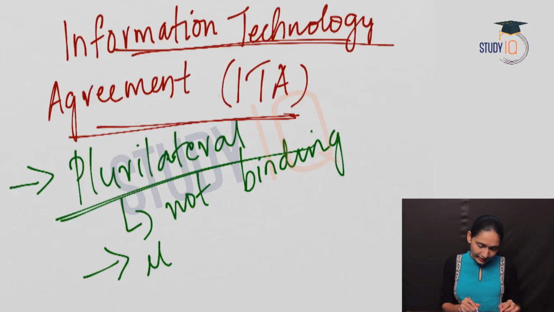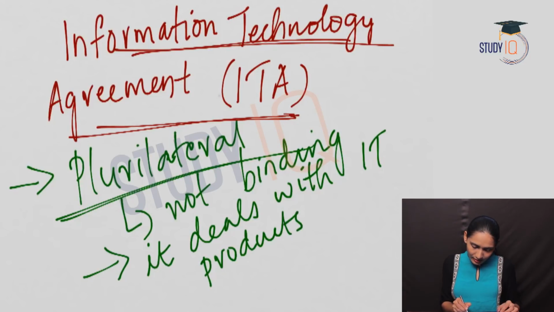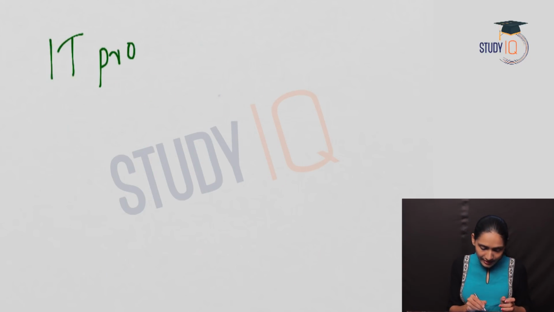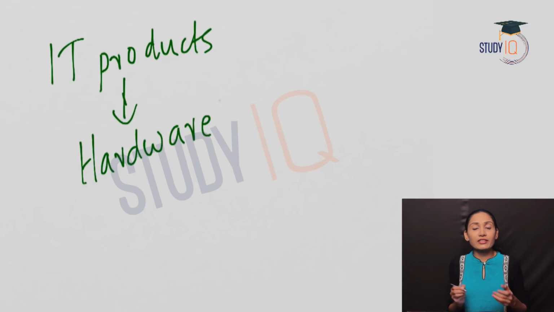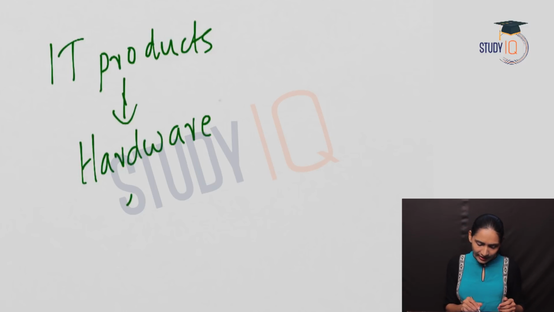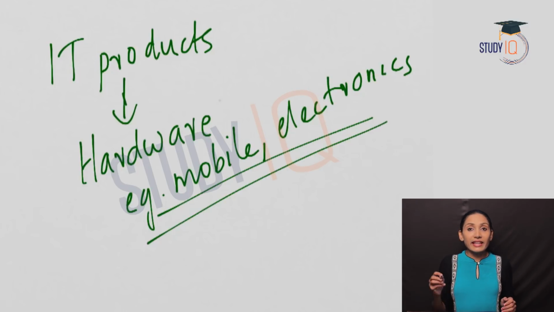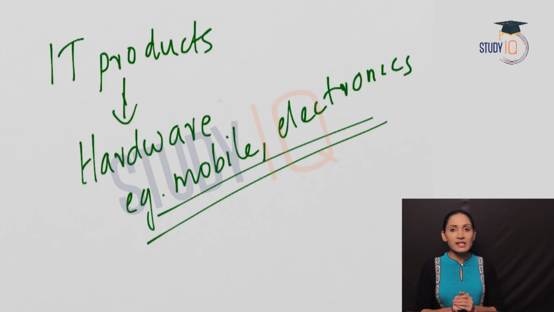IT products means hardware, for example electronic items, mobile phone, LCD, LED, etc. So it deals with only IT products, not services. Services are excluded from this agreement.